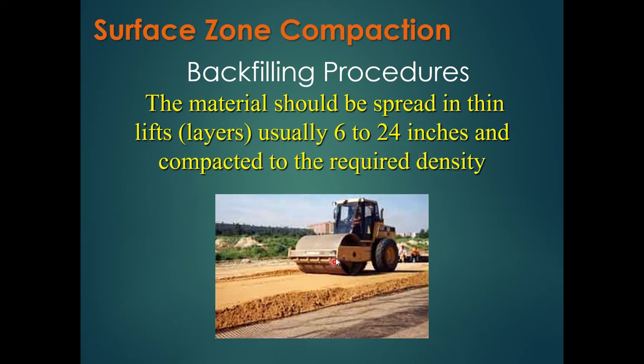So obviously with a big machine here, we can go 24 inches, smaller walk behind plate compactors down to 6 inch. Okay, 6 to 24 inches. Okay, this is pushing it with this. When we're compacting it, we need to compact the whole thickness, not just the top, the whole thickness. So if we do a plate compactor across here, we're probably only reaching down 6, at the most 8. So this bottom is not getting compacted.